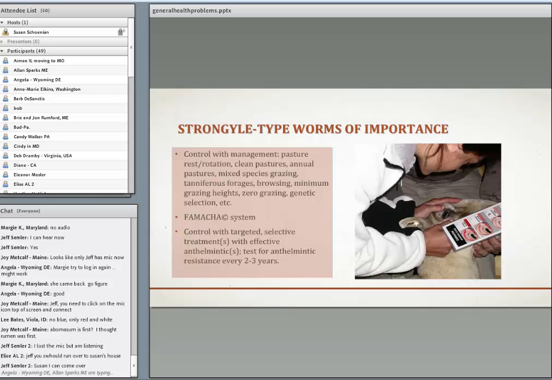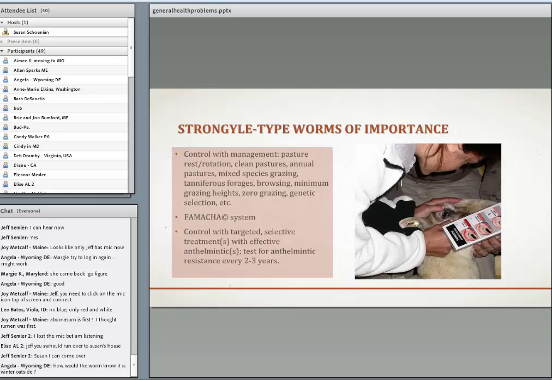So how do you control these? And this is just one slide, and yet it's incredibly complex. And of course we've talked about a lot of this stuff in our other presentations. So while I've got it here on one slide, we can spend entire courses talking about these things.